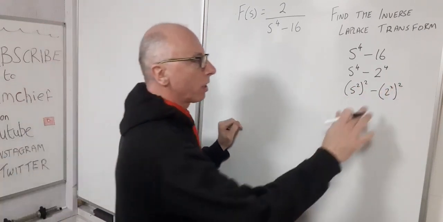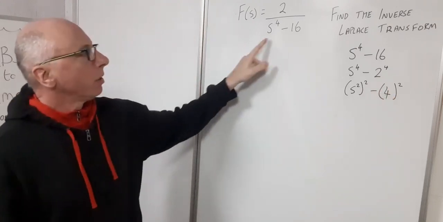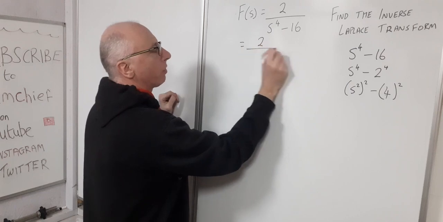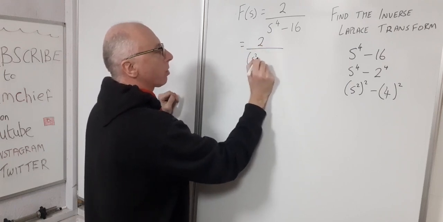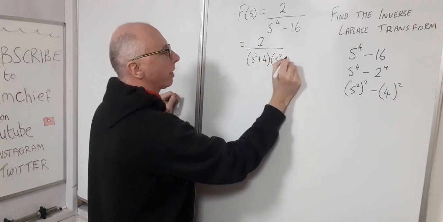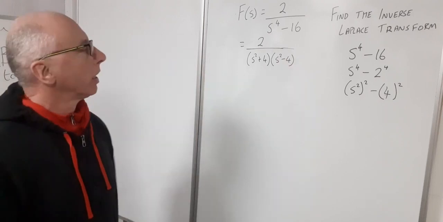Obviously 2 squared we can just change and put 4 in there. So now we can rewrite our function F of s as 2 over s squared plus 4 times s squared minus 4. So that's equivalent.